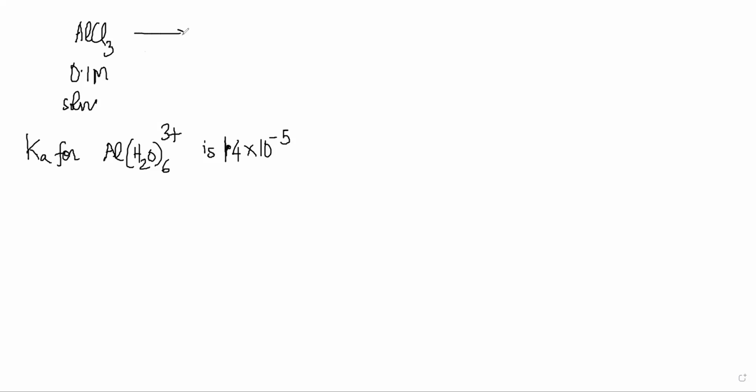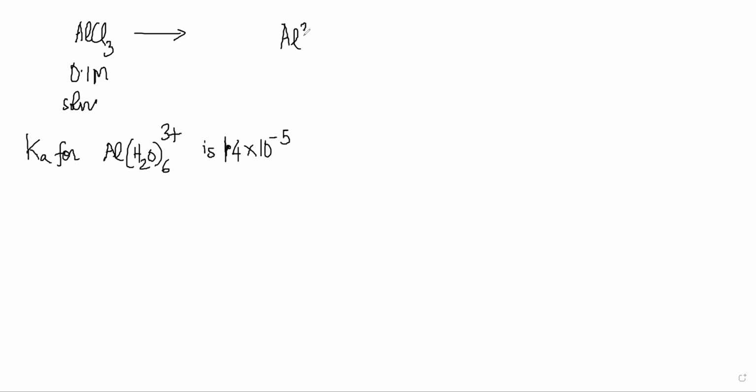0.1 molar solution. Okay. And what information is given? Ka for Al(H2O)6 3+ is 1.4 into 10 power minus 5. So when you dissolve this, what happens?